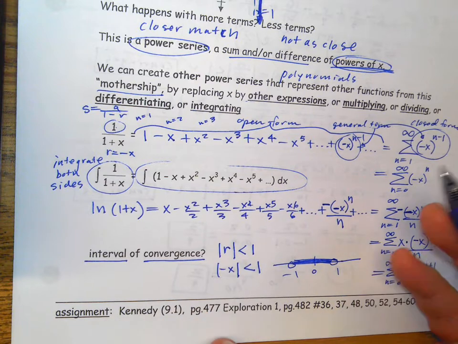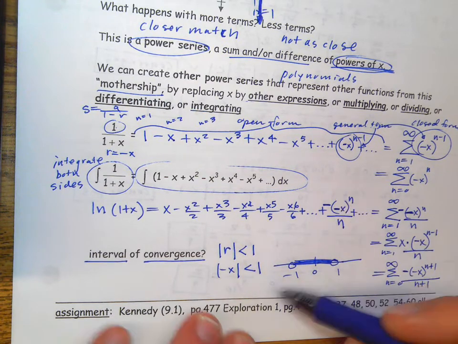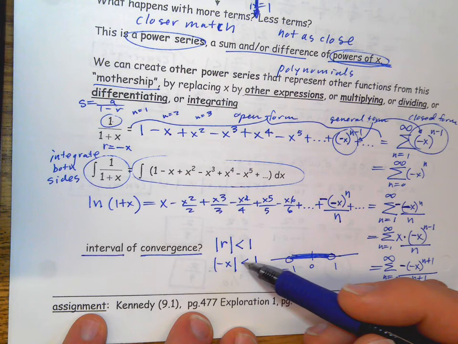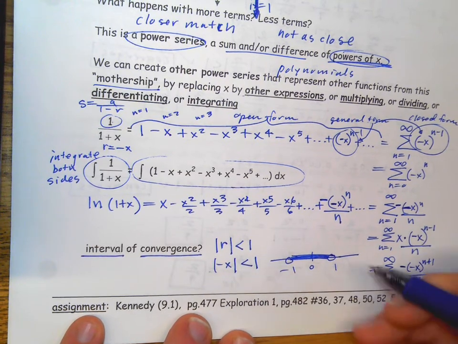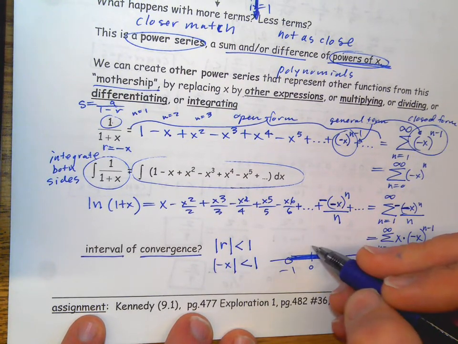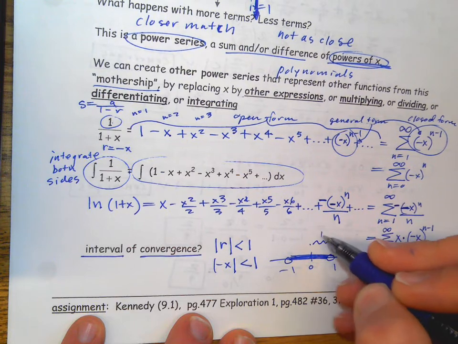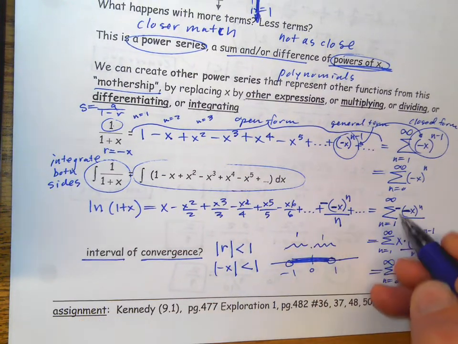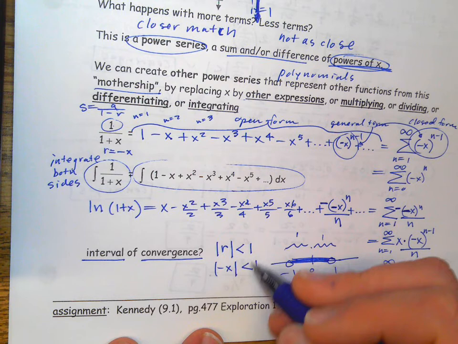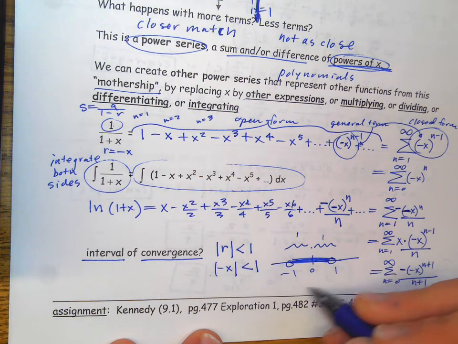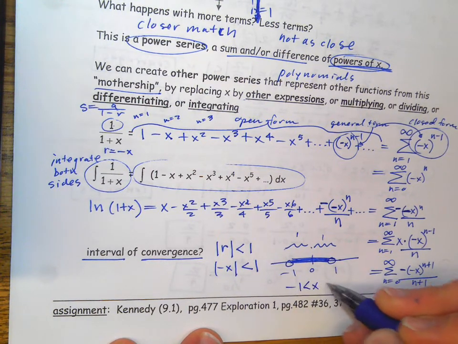This is like using that rule from Calc AB with solving absolute value inequalities. So you say, okay, well, it's at 0. We want to be 1 away from 0 in both directions. And we want it to be less, so it's going to be in between. So negative 1 to 1.